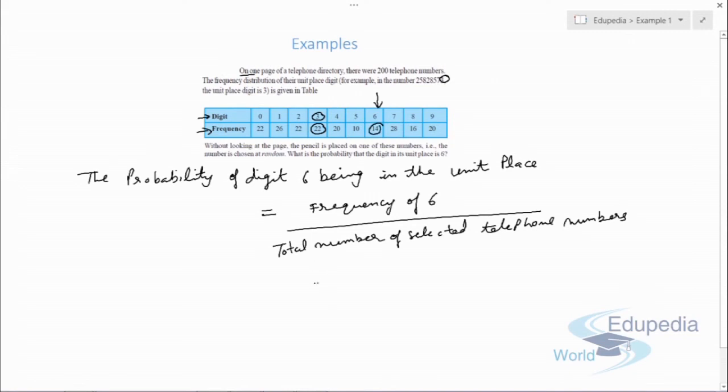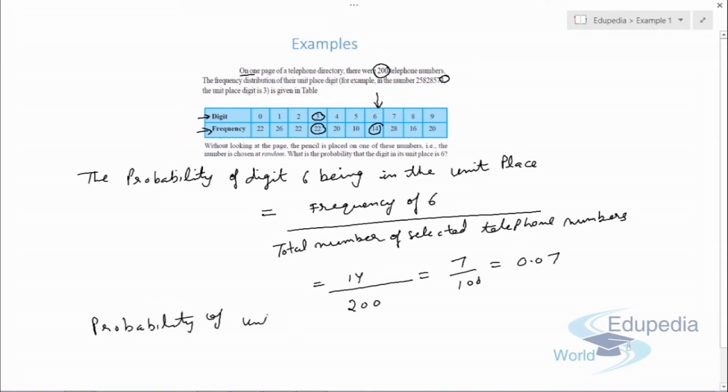So we write 14 in the numerator. Then we write the total number of selected telephone numbers. There were 200 telephone numbers, so we write 200 here. When we divide, it comes out to be 7 by 100, which is 0.07. So the probability of the unit digit being 6 is 0.07.